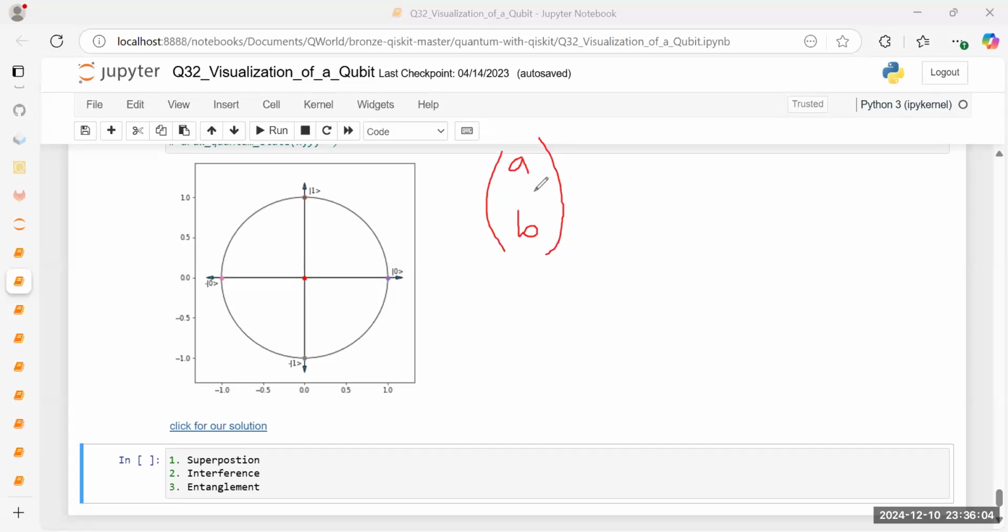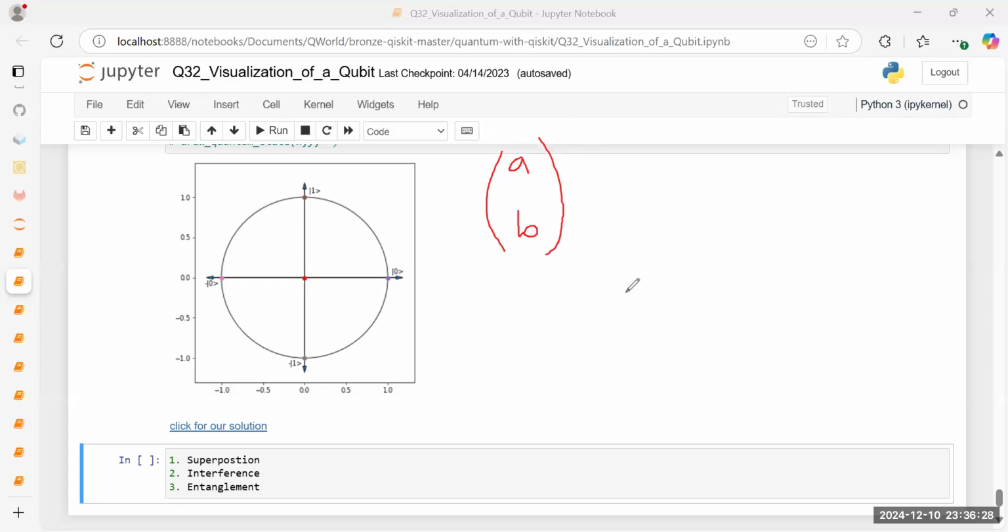So if I was to do that, there's going to be some probability that my coin can land on head and some probability that my coin can land on tail. While my coin is still spinning in the air, it's in a state of superposition such that there is some probability it could land on head and some probability it could land on tail.